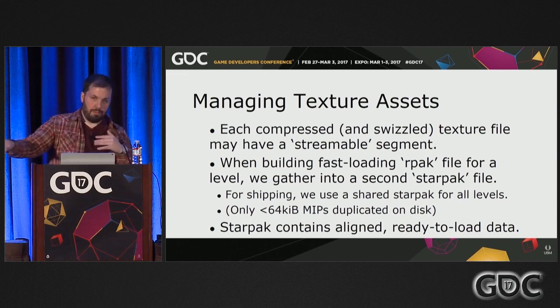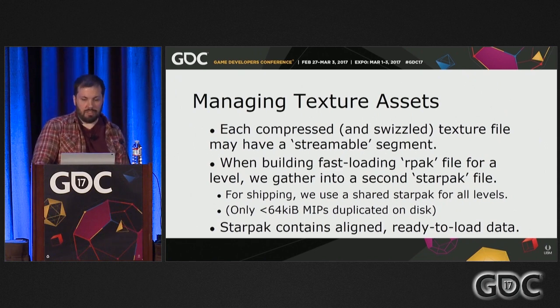We peel off the streamable portion of those textures, and we put them into a separate star pack file. And for shipping, there's a single star pack file for the entire game. One side benefit of this, as far as fitting on disk goes, is that you only have to duplicate the permanently resident MIP levels across your levels. So if a texture is used in 2 levels, only the MIPs below 64 kilobytes will be duplicated across those.